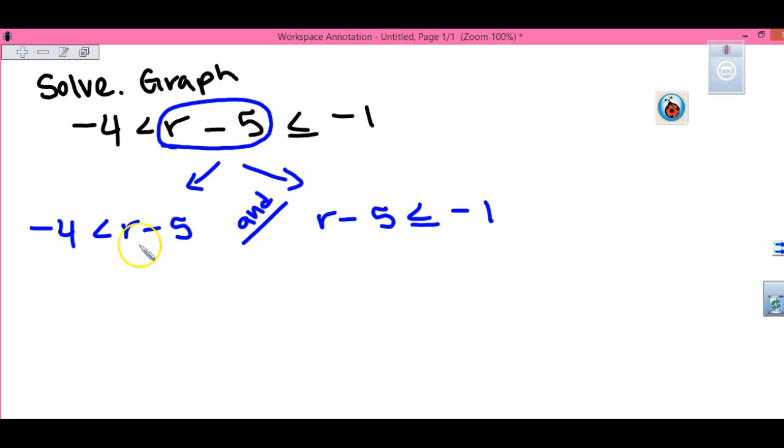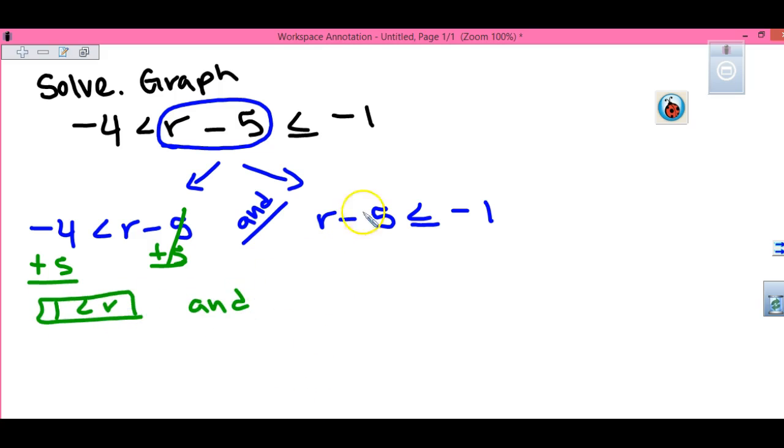So here we go. Now that we've rewritten it as two separate inequalities, we're going to solve each of these. This means +5 to both sides. 1 is less than r. And we have to solve this other one, +5 +5. r is less than or equal to 4.